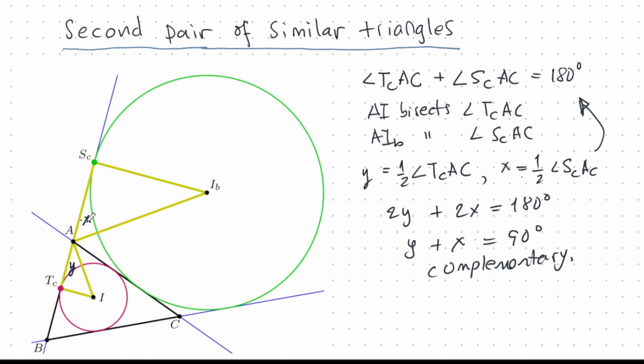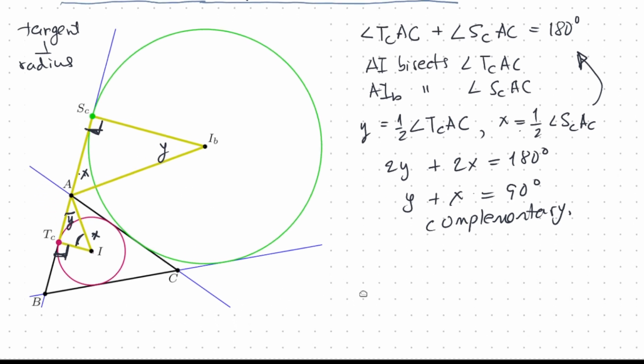So in other words, if this is x, this must be y, because it has to add up to 90 degrees. Why 90 here? Because tangent is perpendicular to radius. Remember, tangent here is perpendicular to radius at the point of tangency. And again, here we have tangent perpendicular to radius. So this angle here, I don't have much room, so I'll write it outside. This must be x. So in fact, these three angles are the same, and these two triangles are similar.